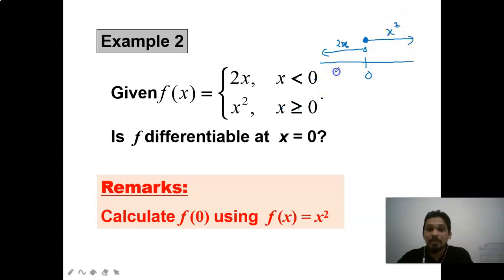So when x approaches 0 from the left, we look at the function 2x, and if x approaches 0 from the right, then we refer to this function. So we calculate f naught using f x equal to x squared. Why? Because it's only for x squared that x is equal to 0. You got it?